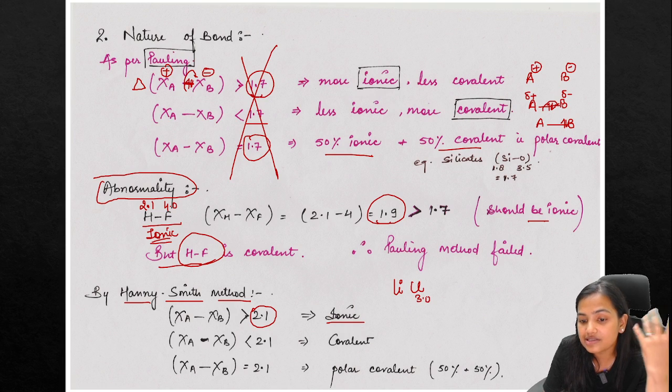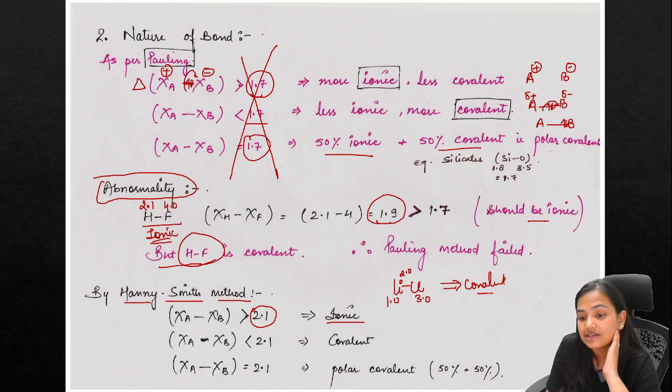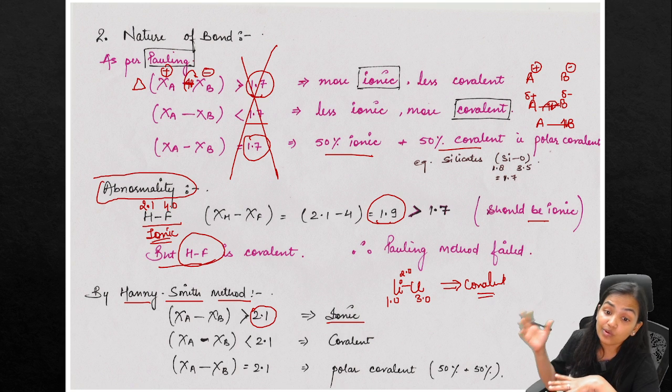Chlorine is 3.0 and lithium is 1.0, so there is a difference of 2.0. 2.0 is less than 2.1, so this is covalent. Lithium chloride is more covalent.